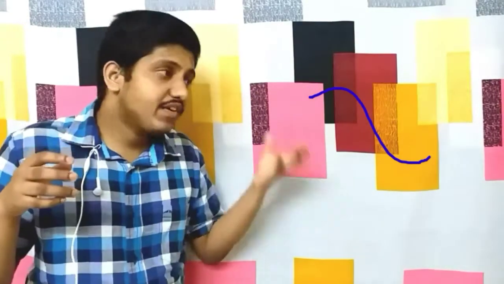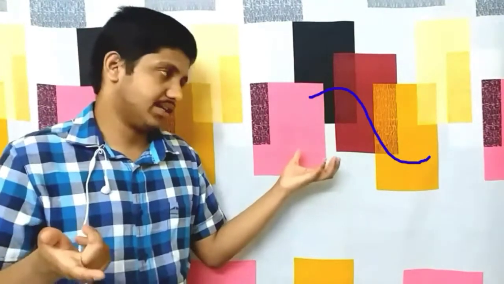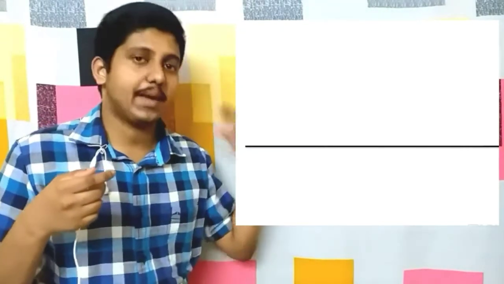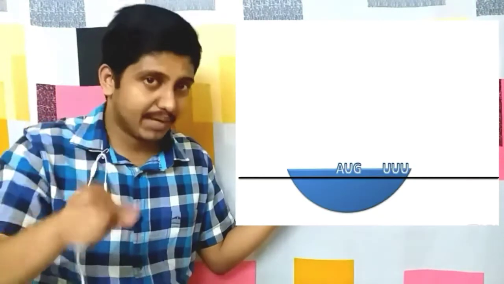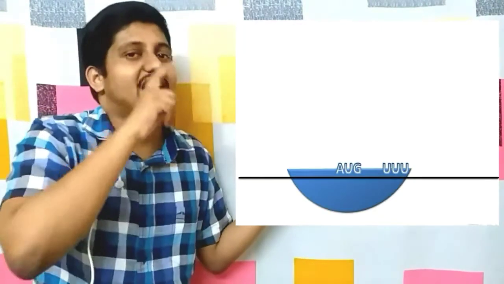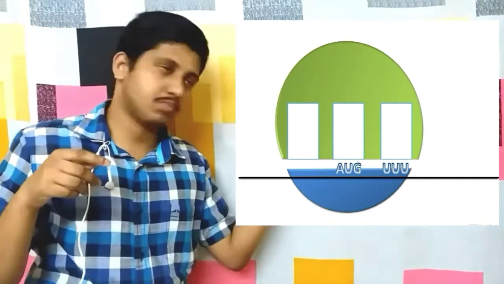So when an mRNA comes out of the nucleus, the smaller subunit identifies that mRNA which is to be translated and attaches to it. Then the corresponding bigger ribosomal subunit also comes and attaches, forming the mRNA and ribosome complex.